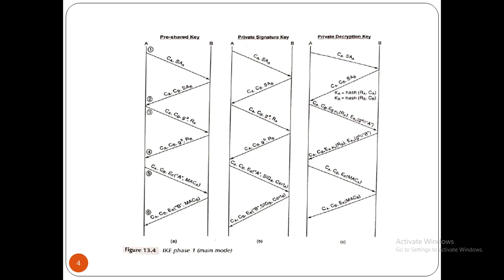Again, you can take an example. Here the public key we are using for the encryption. Again the input parameters we require are RA, here it is RB. Along with that, the Diffie-Hellman partial key and A's identity, and the Diffie-Hellman partial key and B's identification details, can be sent along with the cookies.